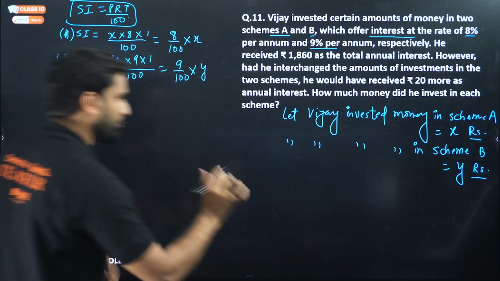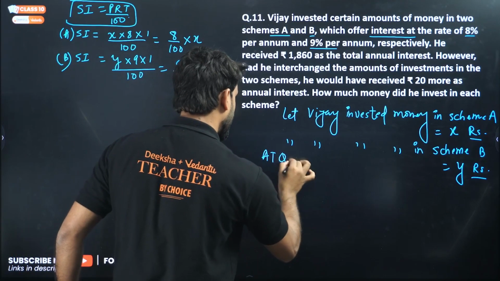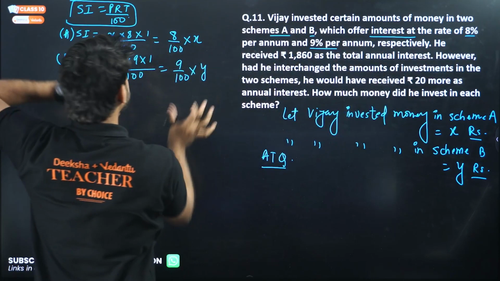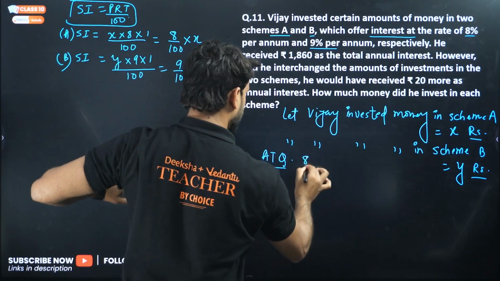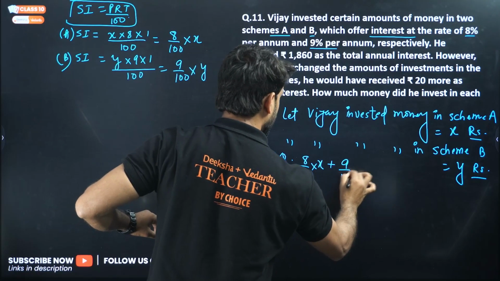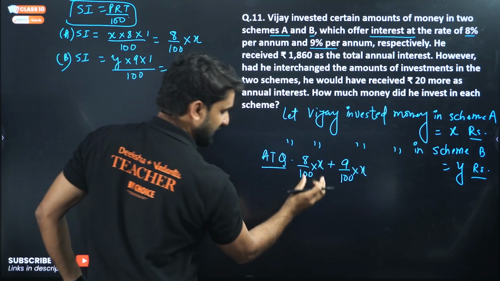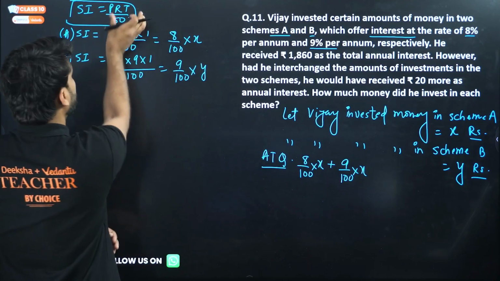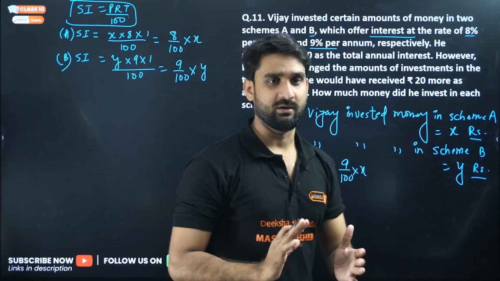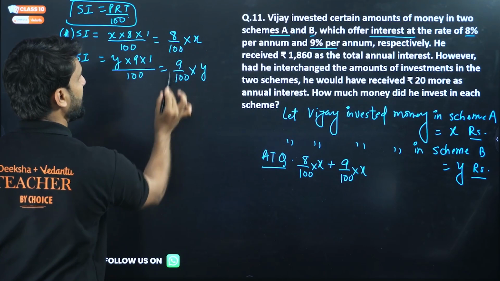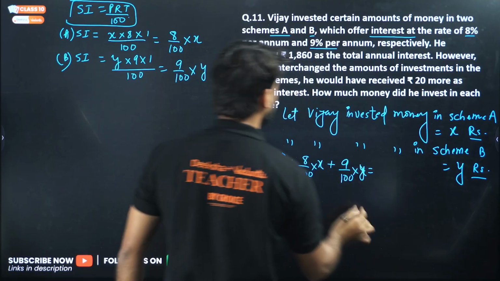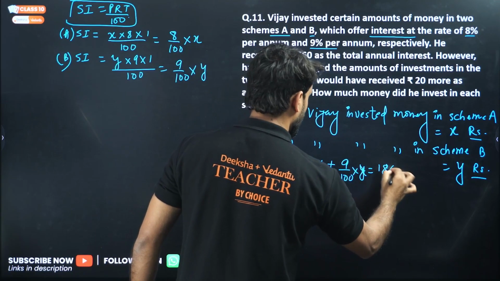So now I'm proceeding according to question. The first information is 8% per annum of scheme A, which is equals to this 8 by 100 into X plus 9 by 100 into Y. I'm not writing this by my own. I have just applied the formula of simple interest, which is equals to the product of principal, rate, and time, divided by 100. After that we are getting this format, 8x plus 9y by 100, which is equals to 1860, right?